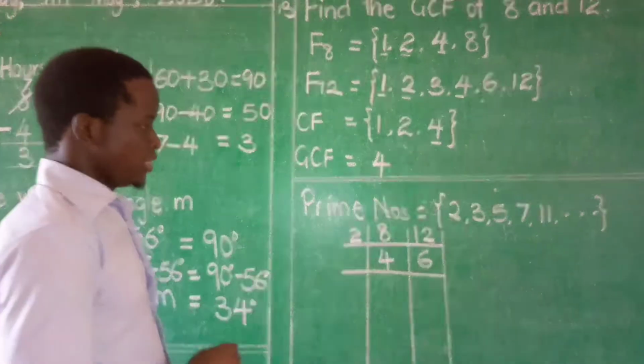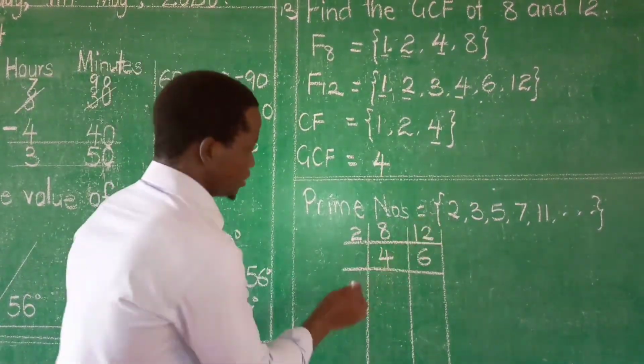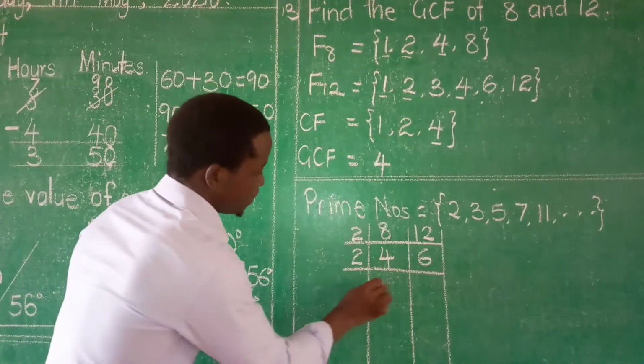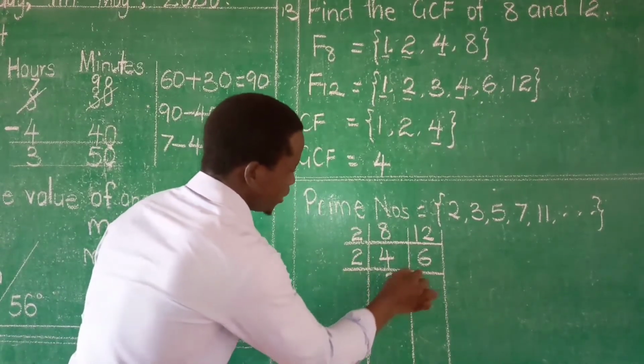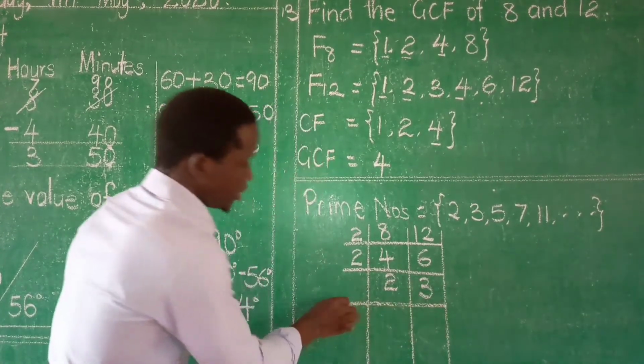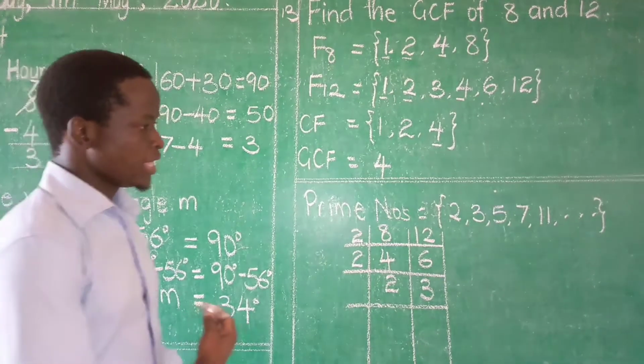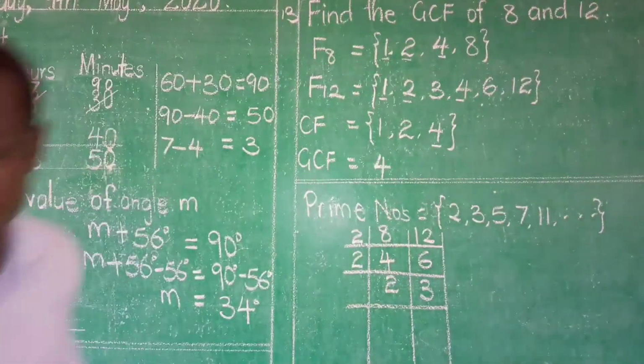I go ahead and still look for a common factor for 4 and 6. Still it is 2. I divide here by 2 to get 2. Here 6 divided by 2, you get 3. 2 and 3 don't have a common factor. You agree with me? Yes. So we end there.